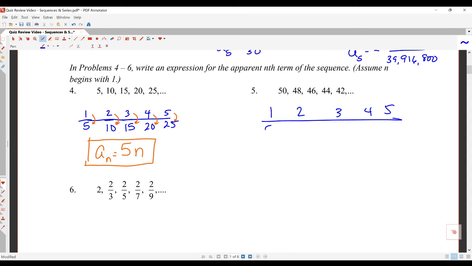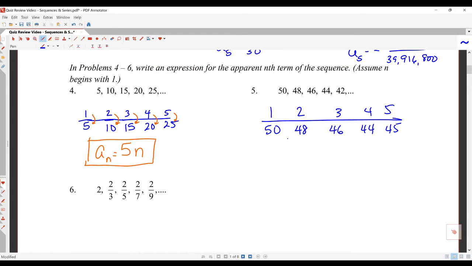Put those first 5 terms underneath it. And then try to find some way of getting there.